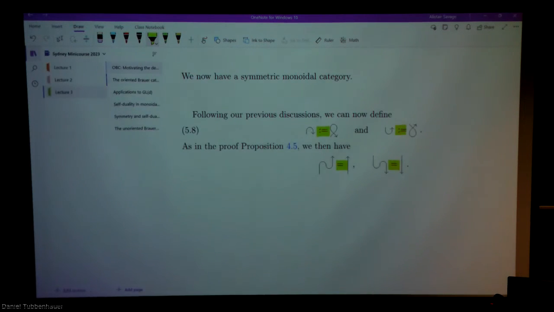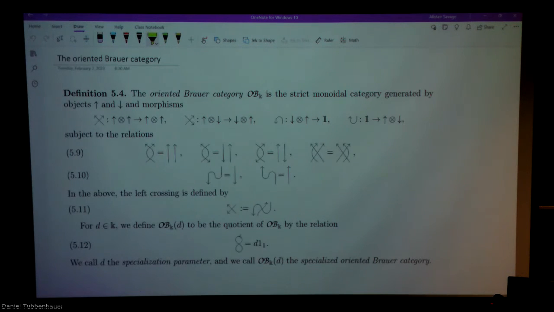Okay, so now I'm going to summarize what we did. This is the definition of the oriented Brauer category. You fix some ground field K, and it's the strict monoidal K-linear category generated by up arrow and down arrow.